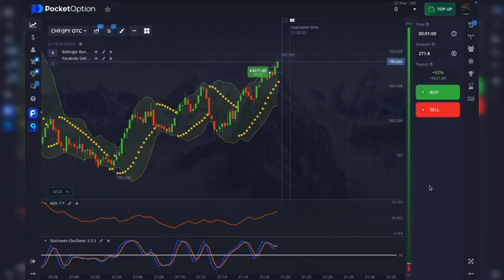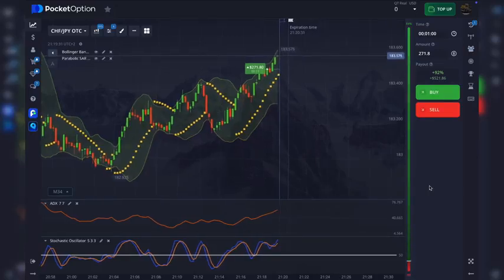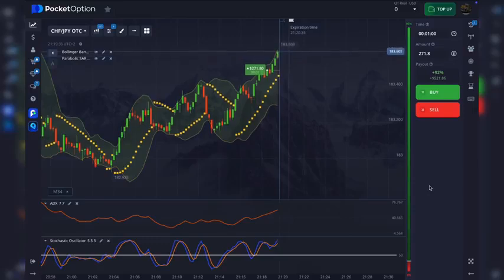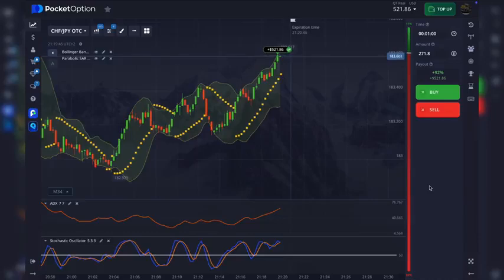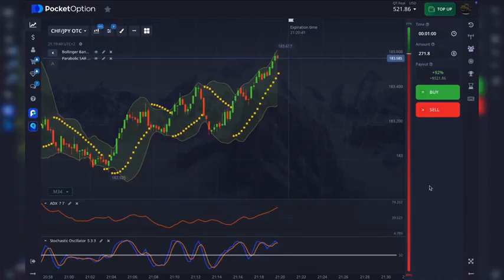So if you decide to use any of the strategies I show, please remember to stick to risk management. Open trades with just 1% to 5% of your balance, no more. There is no need to risk everything. So always stay smart, trade responsibly, and remember, trading involves high risk. Always keep that in mind.